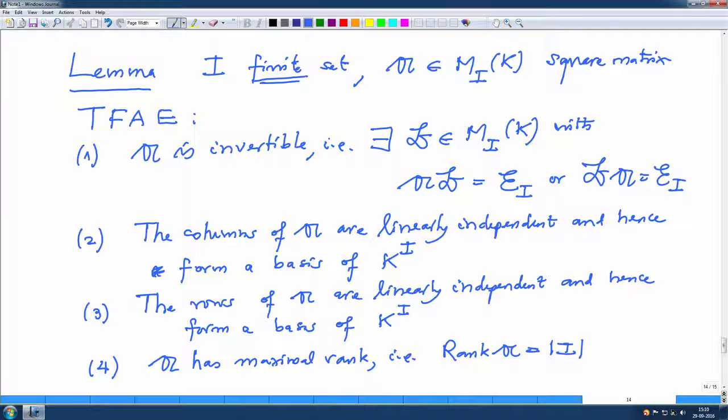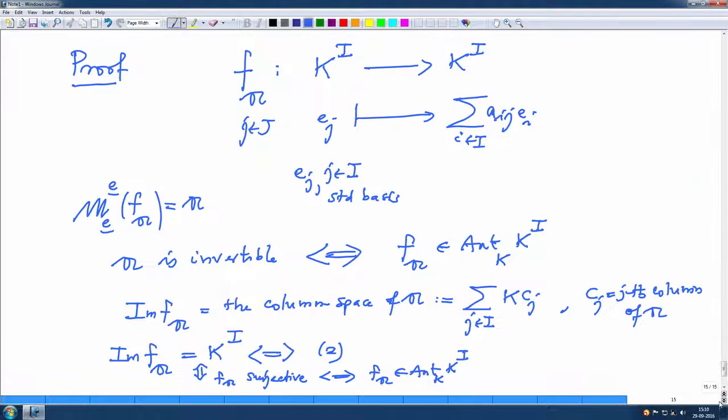And similarly 1 if and only if 3. But then I will apply the same remark not to F_A but to F_A star, and the rows and columns will get interchanged.